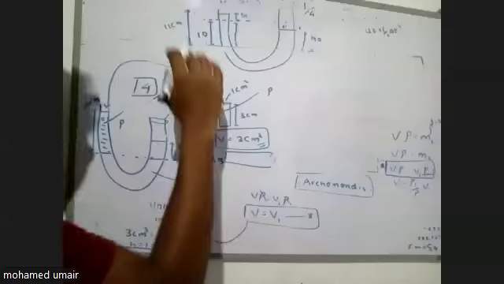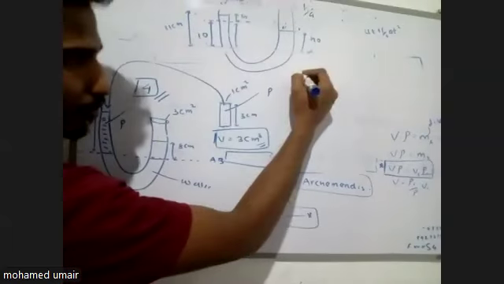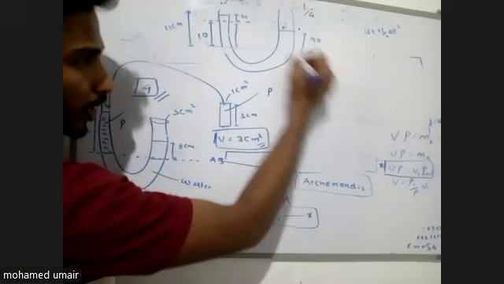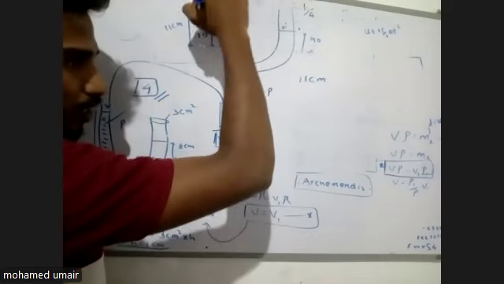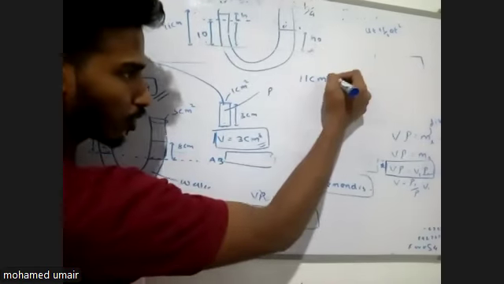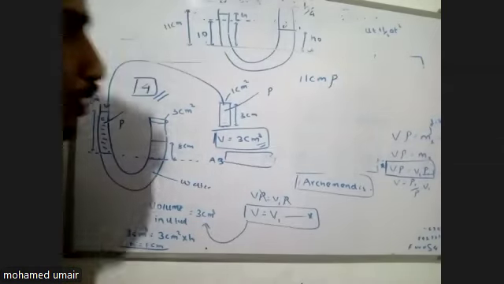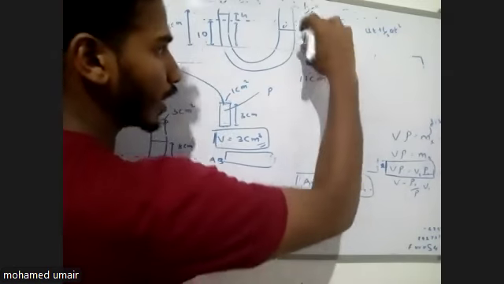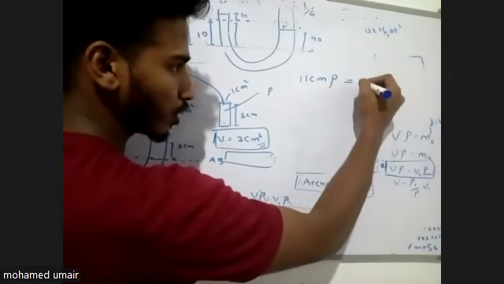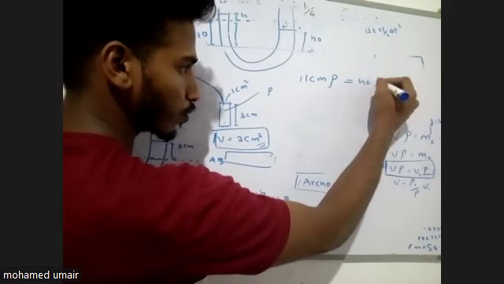So if you just write directly 11 centimeter into density of this liquid, if I take it as rho, 11 centimeter into rho is equal to the height of this liquid H naught into rho W.